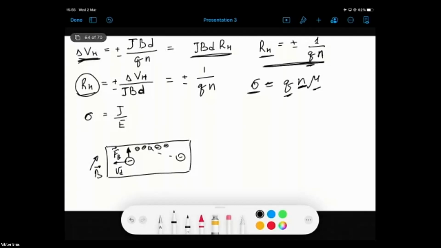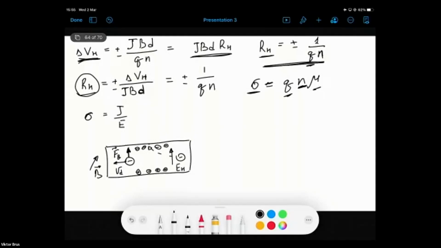At the same time, if charges are kind of collected at one edge, at the opposite edge should be some uncompensated positive charges, because in total the system is electrically neutral. And here we will have electric field, EH, induced electric field inside the conductor.